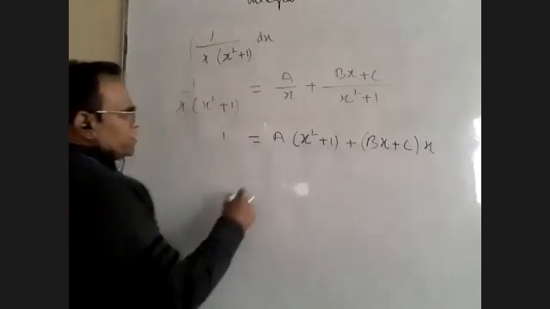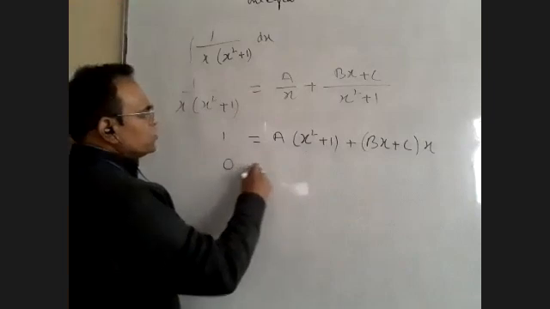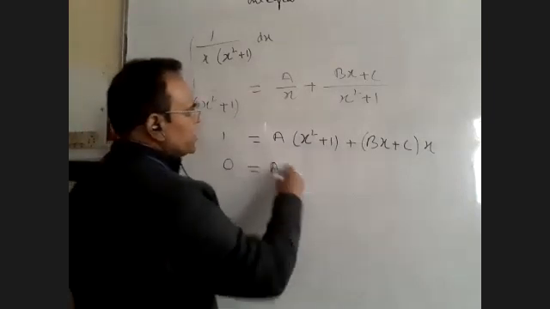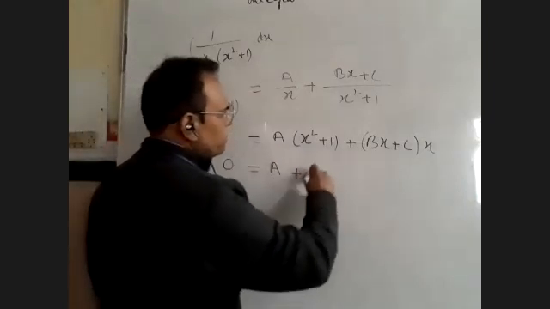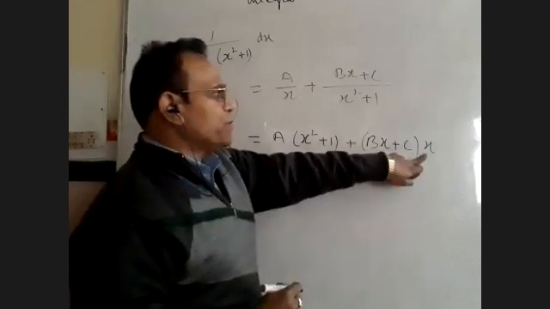Just see here the coefficient of x square. Here the coefficient of x square is 0, and here the coefficient of x square is A plus B, because we have to multiply by x also, so it becomes Bx square.